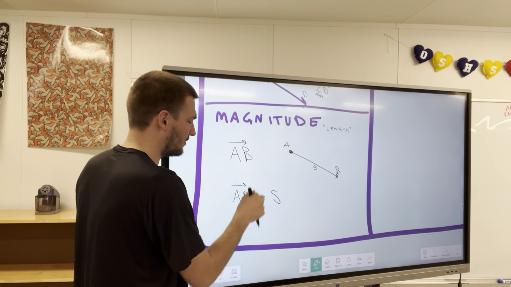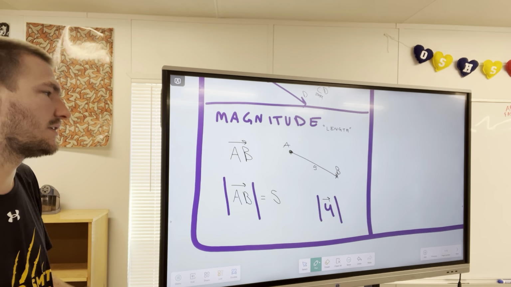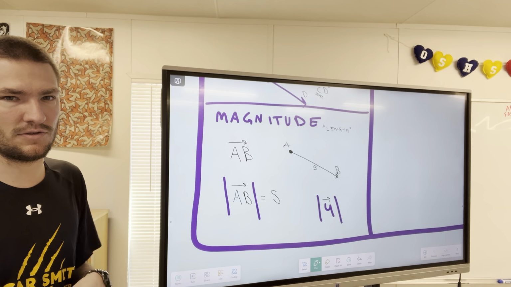The way we do that is with absolute value bars. If you see those absolute value bars around a vector, that means it's talking only about the magnitude. It could be in this format, or it could also be in this format of just a plain old letter U. If you see those absolute value bars, we're talking about the magnitude.